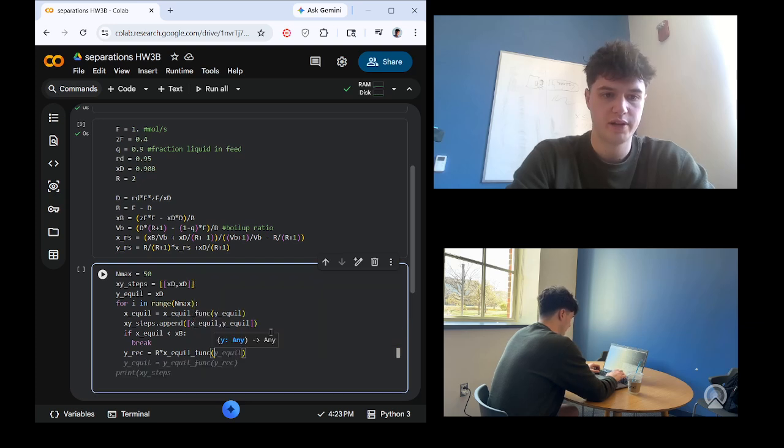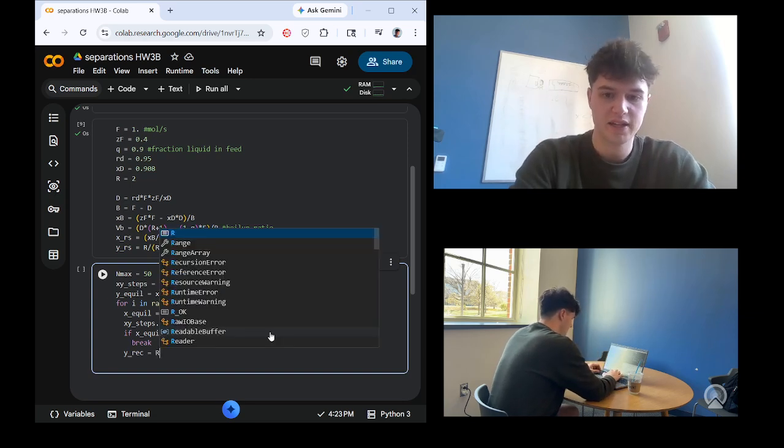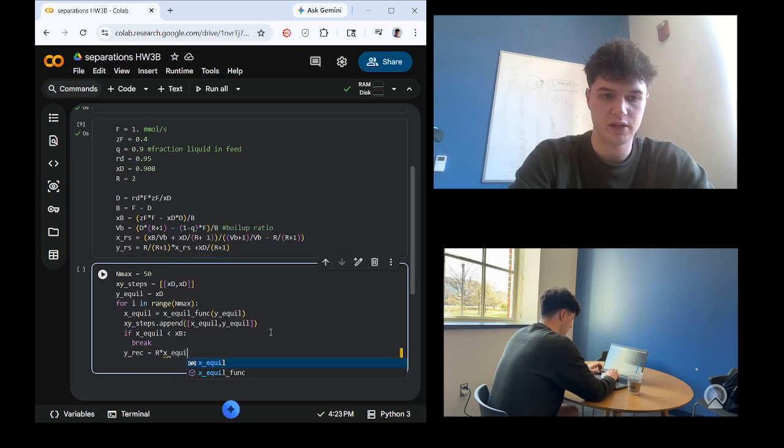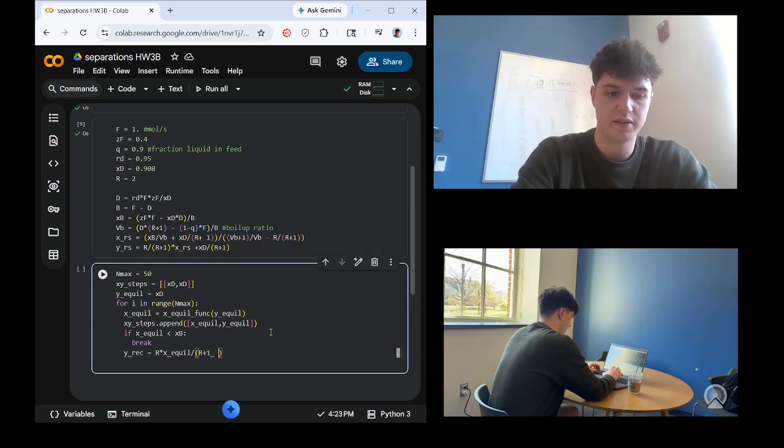Oh, sorry, I was retyping what I already did. Oh well, this is going to be our reflux times our x equilibrium divided by our reflux plus 1, and this is all going to be added to the concentration of our distillate divided by the reflux plus 1.